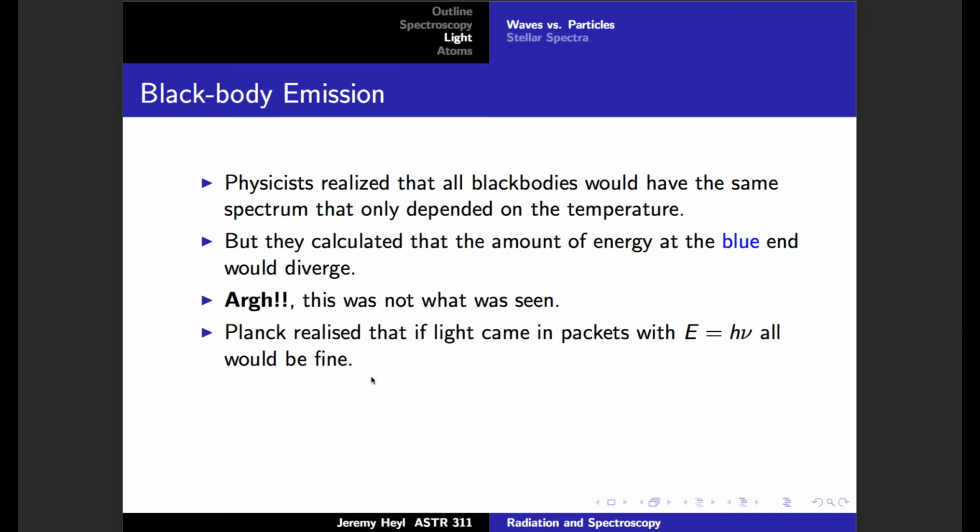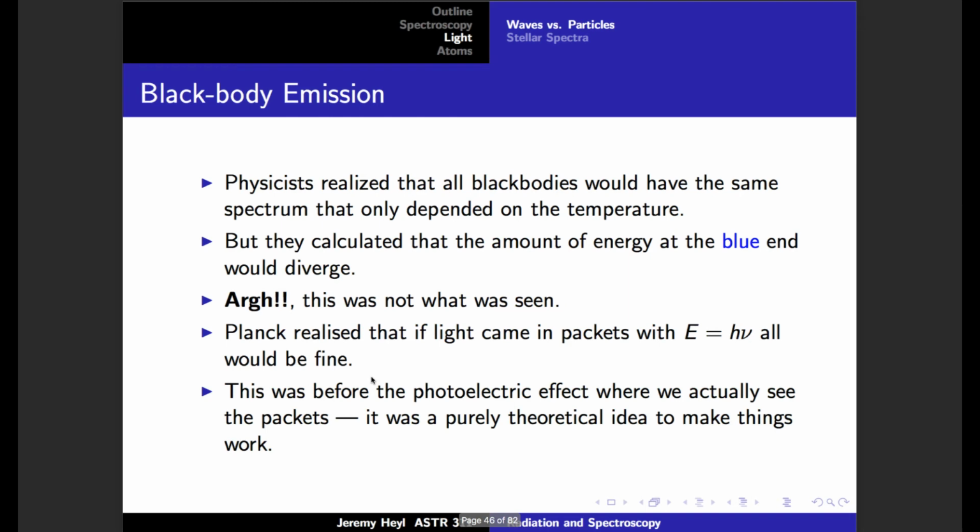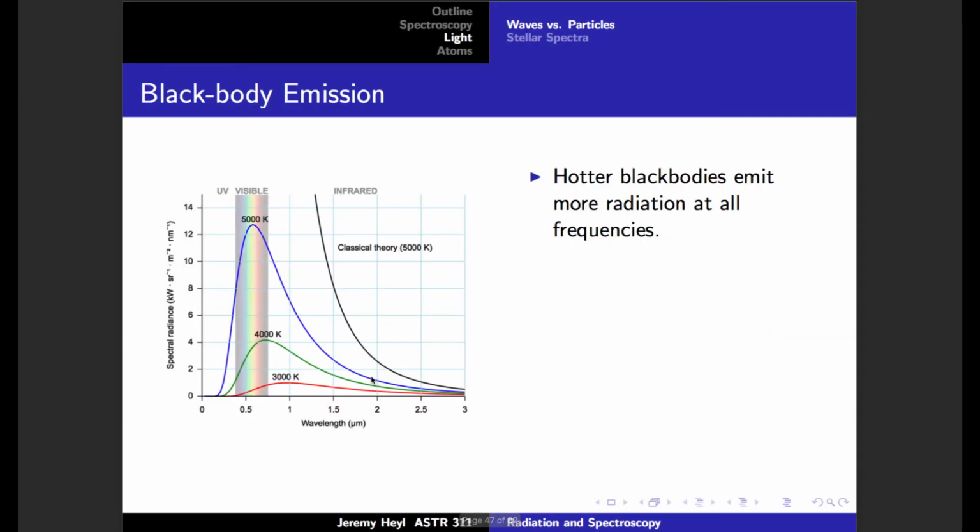And by calculating what happens if it comes in these little packets, they were able to explain the spectrum that you saw from this nail or from the inside of the oven, something that everyone knew what it was like. People at that time had been looking at hot pieces of metal for hundreds of years.